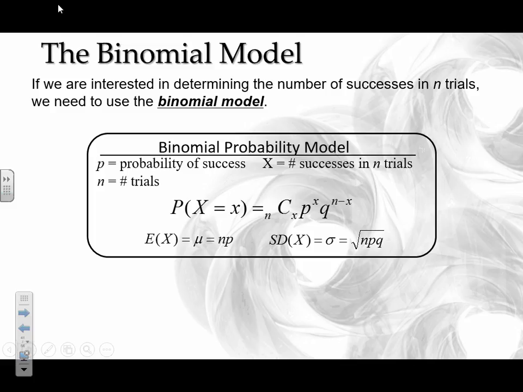We are looking for the number of successes in our fixed number of trials. So that N stands for the number of trials. Now, the other thing you may want to add here, P is the probability of success. Q is the probability of a fail.